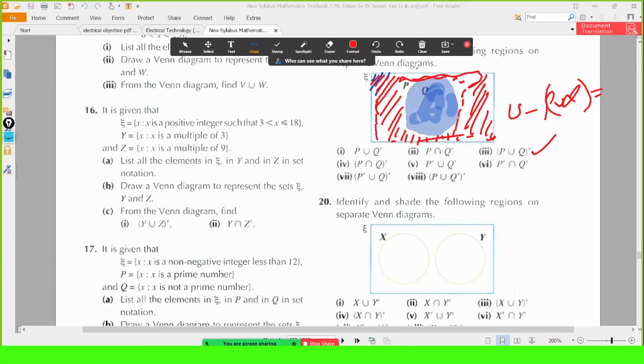Any confusion? No confusion? Okay, last part. First of all, you will need to find Q bar, okay.